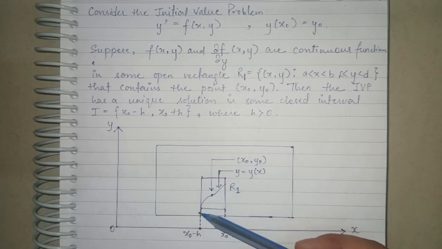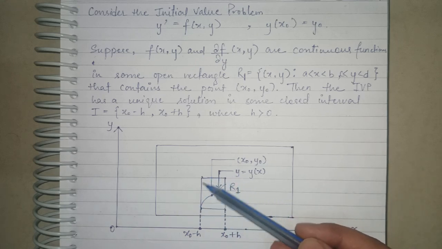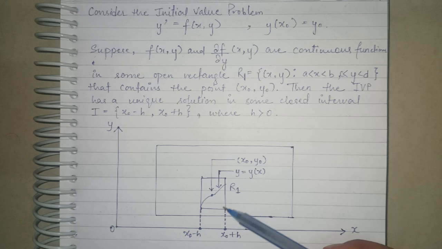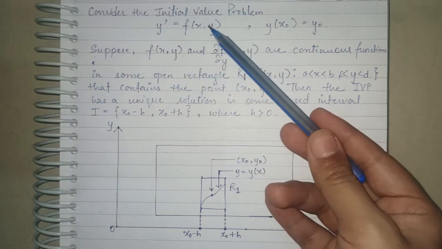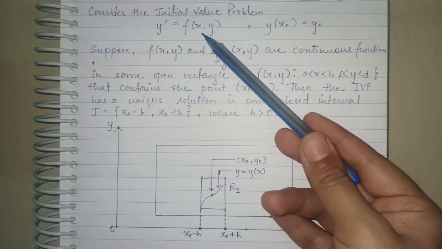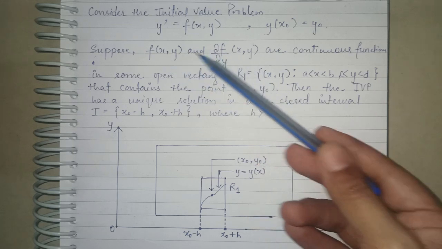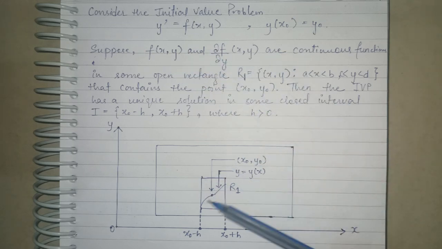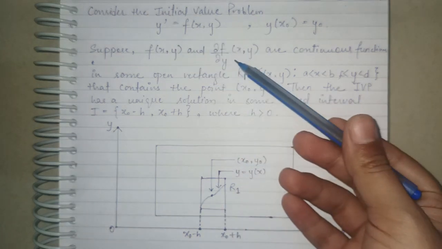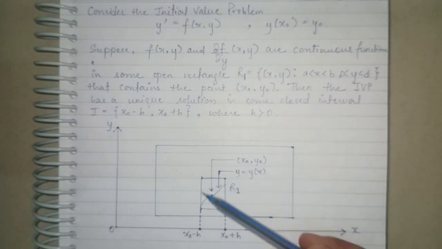Here you can see this rectangle R1. This is the region, and we have to find out whether this function and its partial derivative with respect to y are continuous in this open rectangle or not. How will you come to know where the region R1 lies, and that we have to check the behavior of f(x, y) and its partial derivative only in this region?